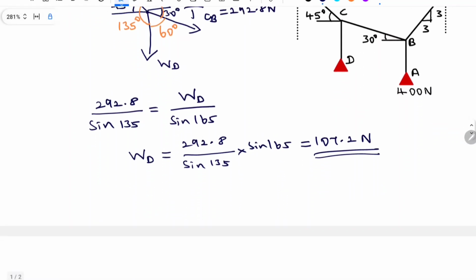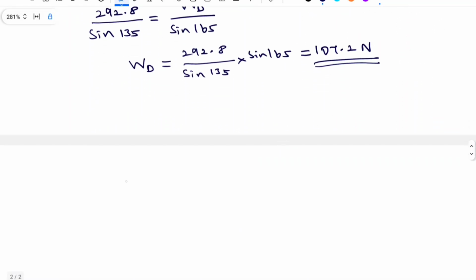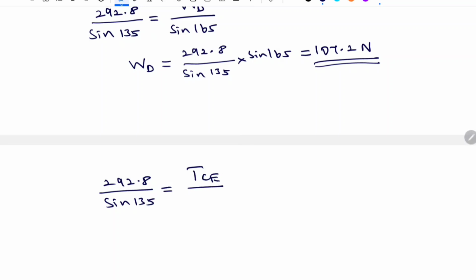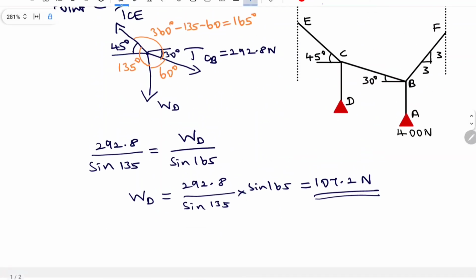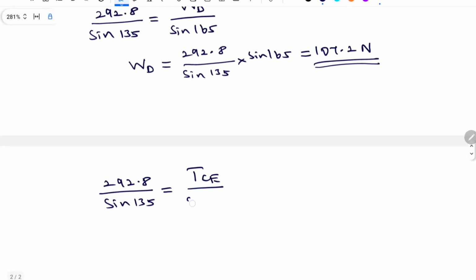Now to calculate TCE, I can write 292.8 divided by sine 135, because that is the known force, equal to TCE divided by the sine of the angle between the other two forces, which is 60 degree.